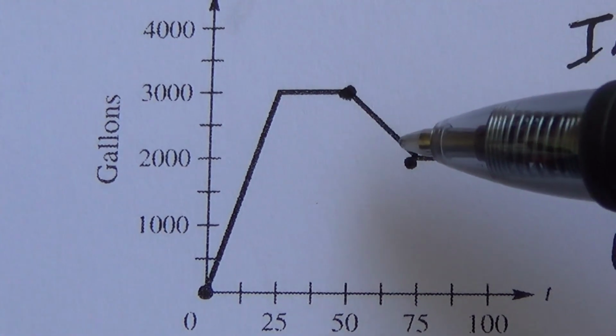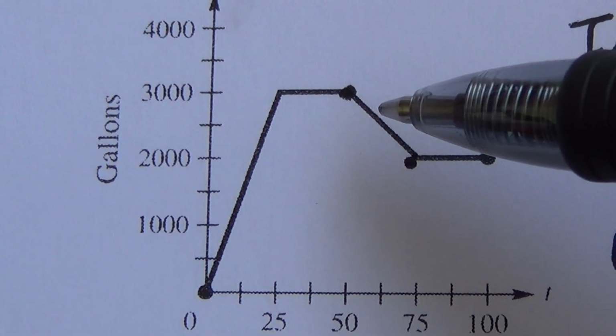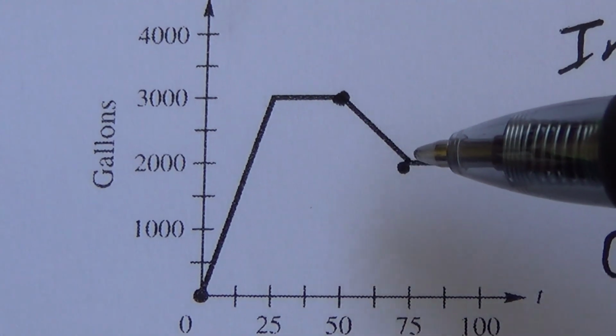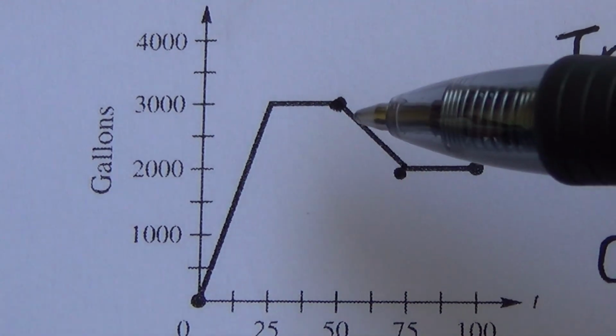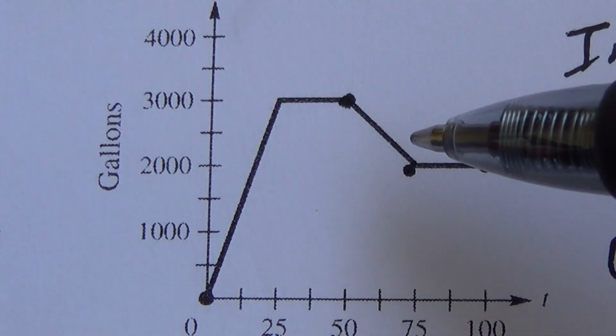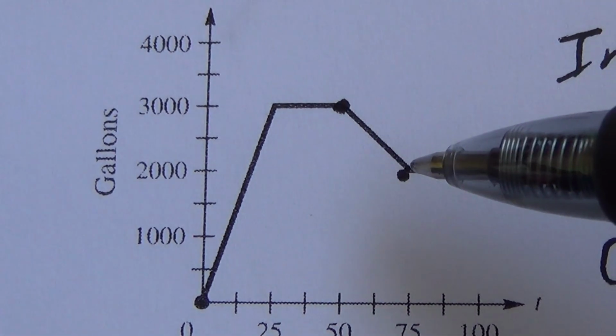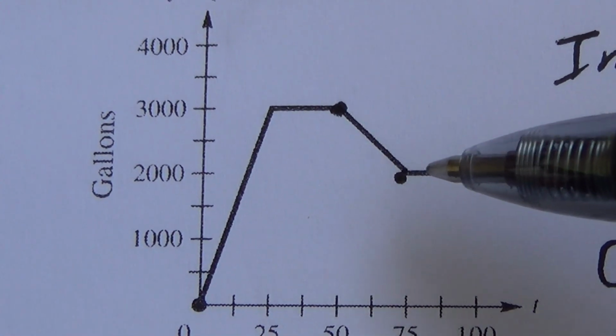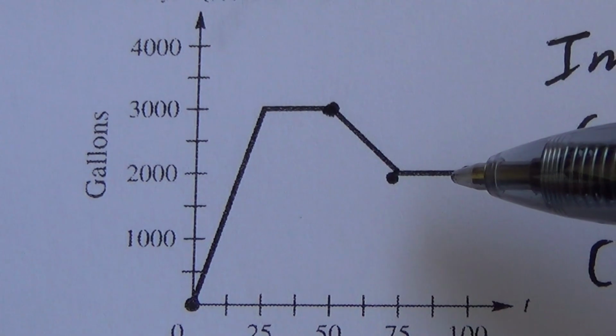After that, the pool water starts to decrease, possibly because of people entering the pool and splashing out the water, and that could account for this decrease. Afterwards, we take another measurement and it's constant again because the pool hasn't been refilled.